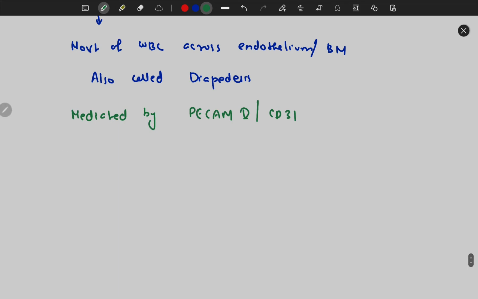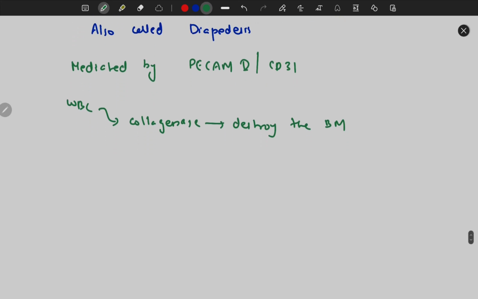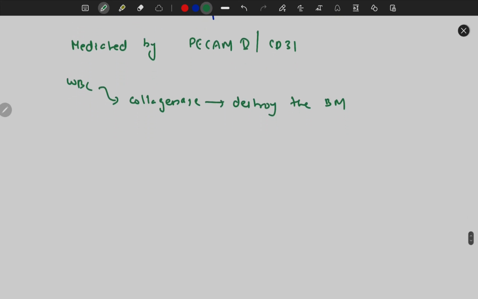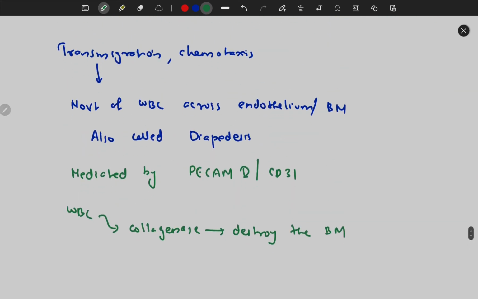Here the leukocyte secretes collagenase, and this collagenase will go and destroy the basement membrane. So this is what is happening in transmigration.